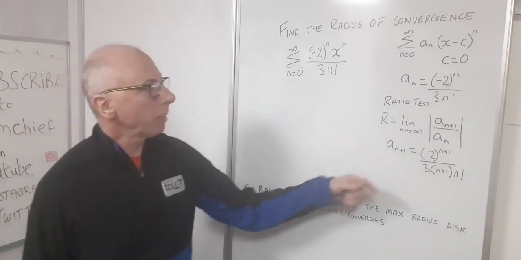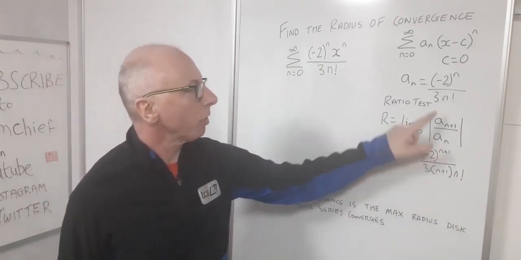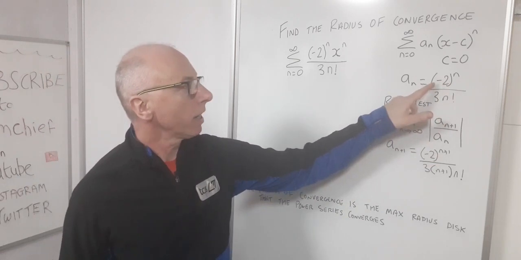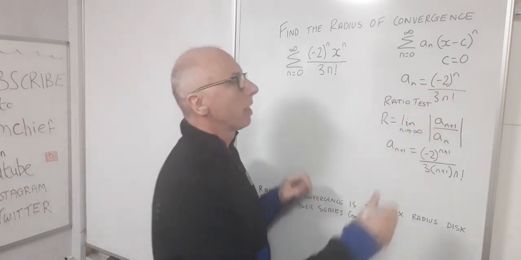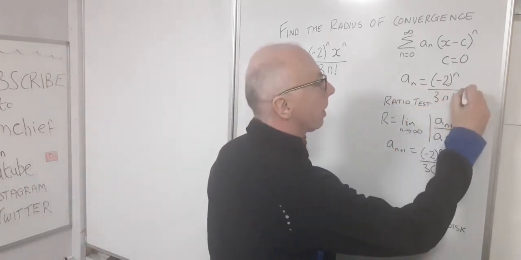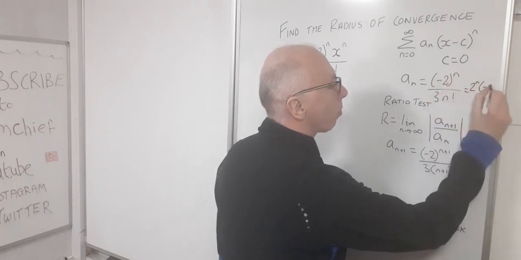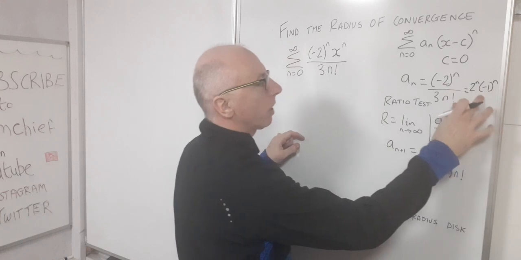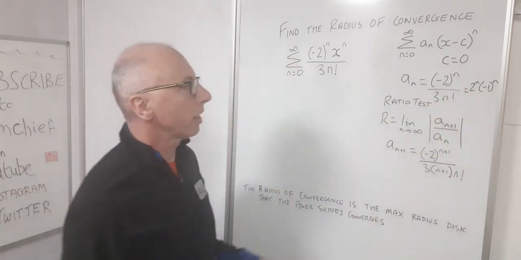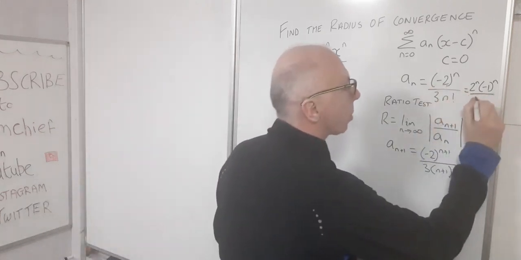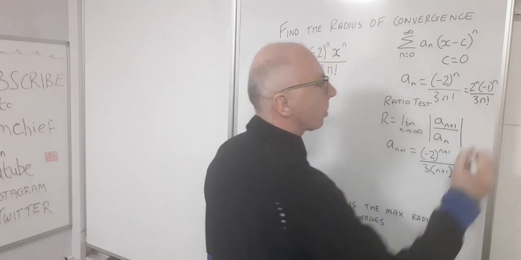Okay. Now to make this easier to work with, I'm just going to break down this alternating series into something that we're more familiar with. So I could rewrite this here as 2 to the n times minus 1 to the n. That will give us the same value in our numerator. And our denominator, I will just leave that as 3n factorial.